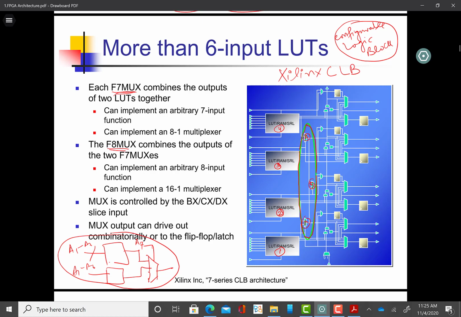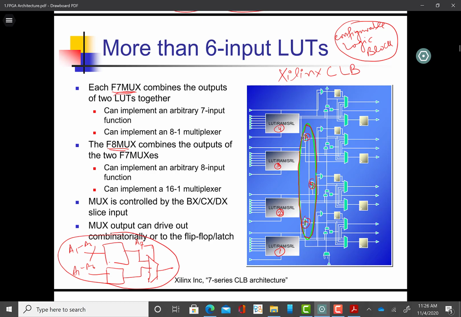This becomes an 8 input lookup table. So we can implement 4 6 input LUTs in a CLB, or we can implement 2 7 input LUTs in a CLB, or we can implement a single 8 input lookup table in a CLB. Okay, so this depends upon your needs.